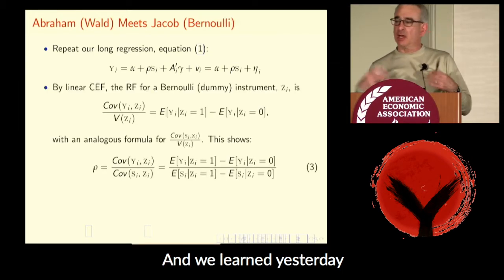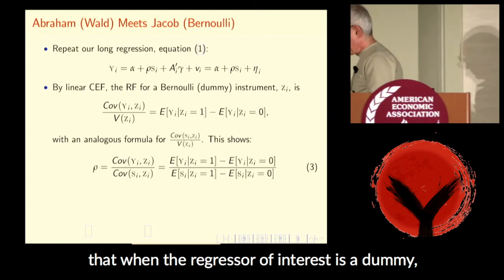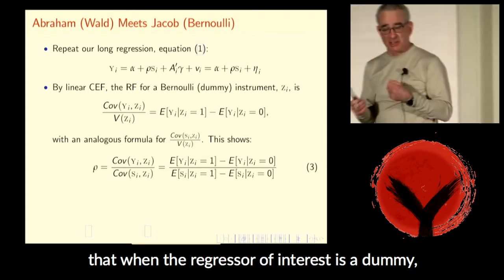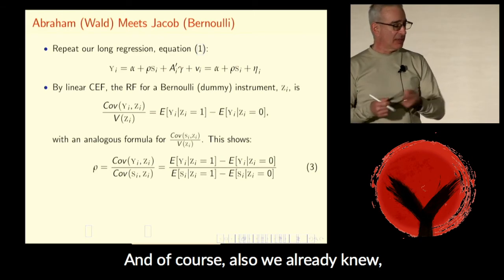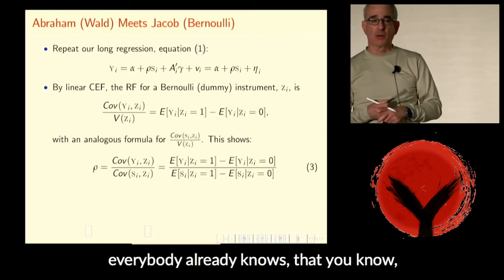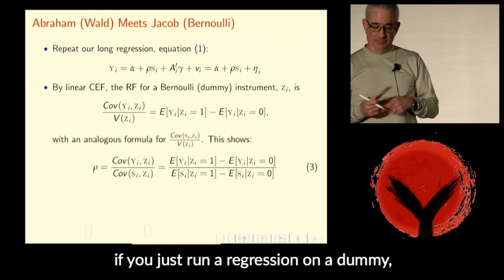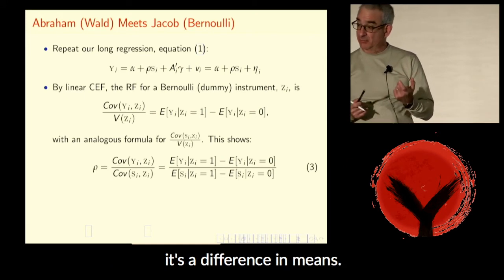We learned yesterday that when the regressor of interest is a dummy, the conditional mean function is linear. And of course, everybody already knows that if you just run a regression on a dummy, it's a difference in means.